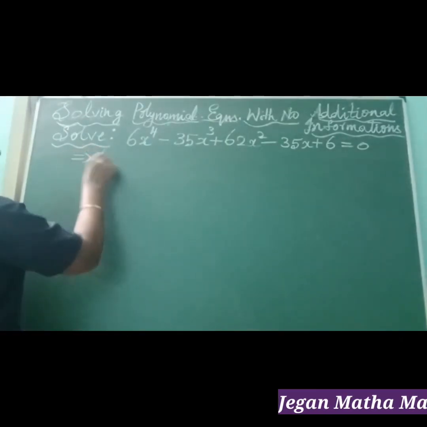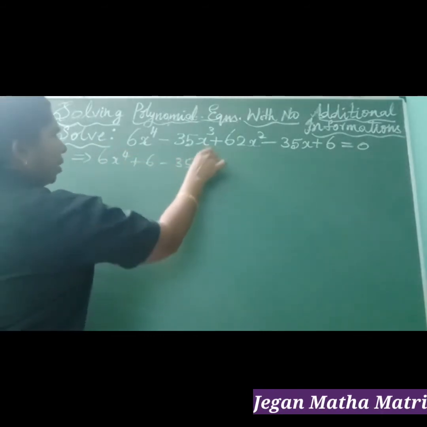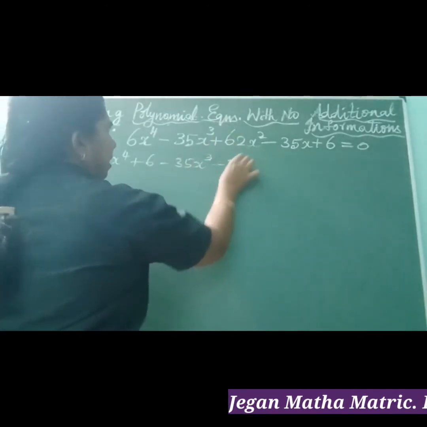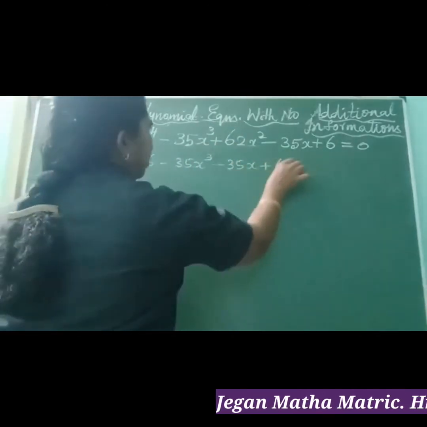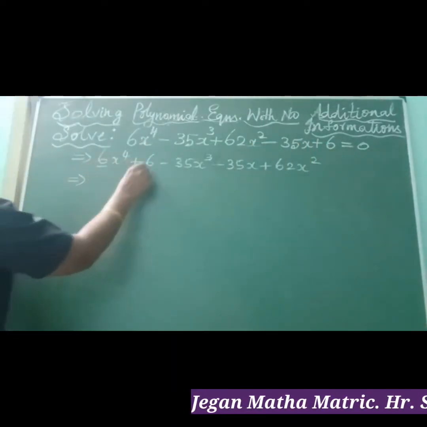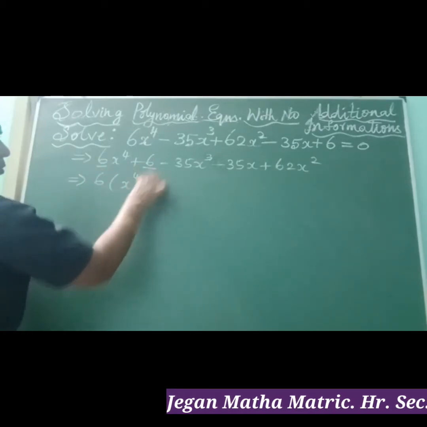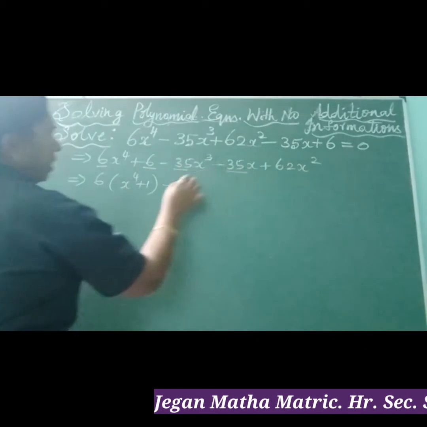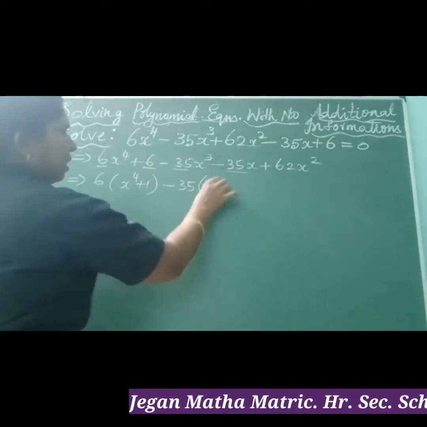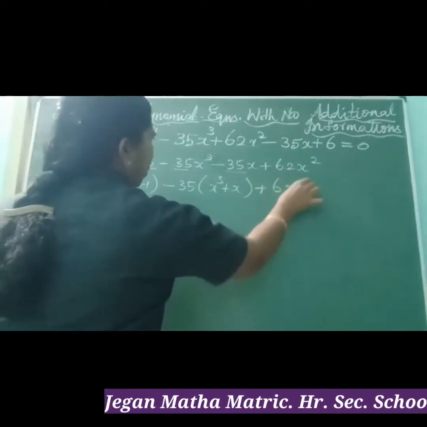So you can write 6x power 4 plus 6, minus 35x cube minus 35x, plus 62x square. You can take 6 outside for the first two terms: 6 into x power 4 plus 1. Minus 35 is also common, so take minus 35 outside: x cube plus x, plus 62x square.